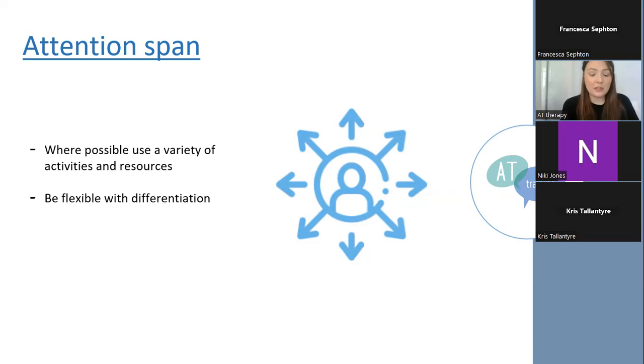And time differentiation. For me, working in a mainstream primary school, this was one of the biggest. Not all learners will take the same amount of time to do an activity. So allowing certain learners more or less time to complete tasks based on their pacing and needs is really important.